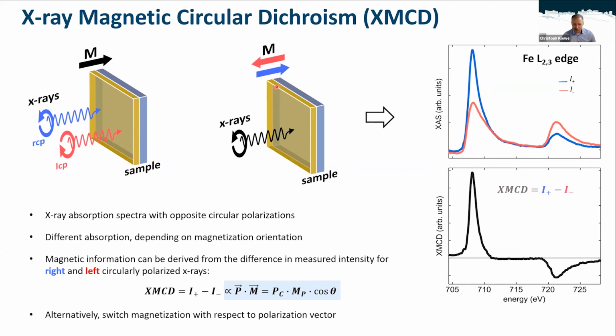The reason for this is that the XMCD signal is proportional to the vector product of the polarization vector and the magnetization vector. So it doesn't really matter which of these components we alternate. We just have to alternate between parallel and anti-parallel alignment between these two.